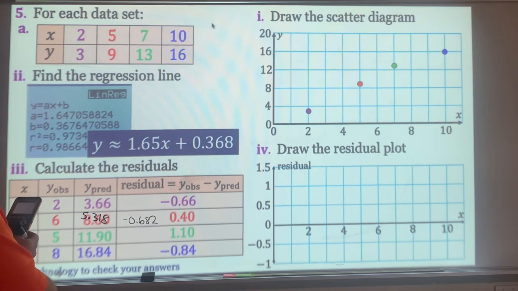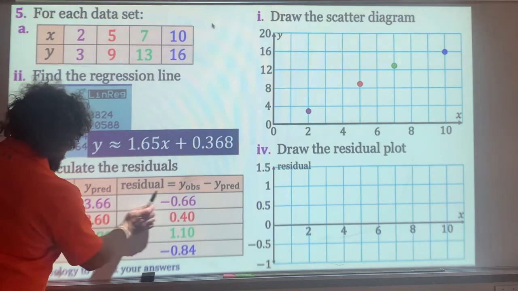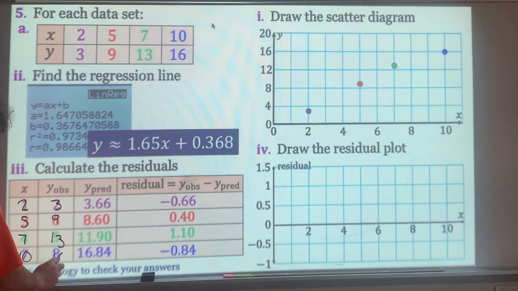Oh, my numbers are off. Oh, my x's here are supposed to be 2, 5, 7, 10. All right, and these are supposed to be 3, 9, 13, there we go, and 16.